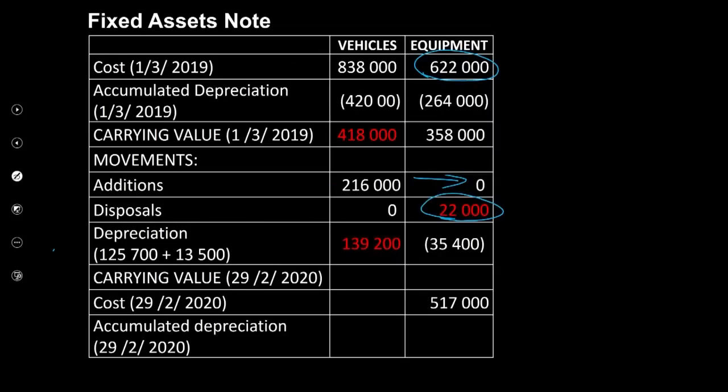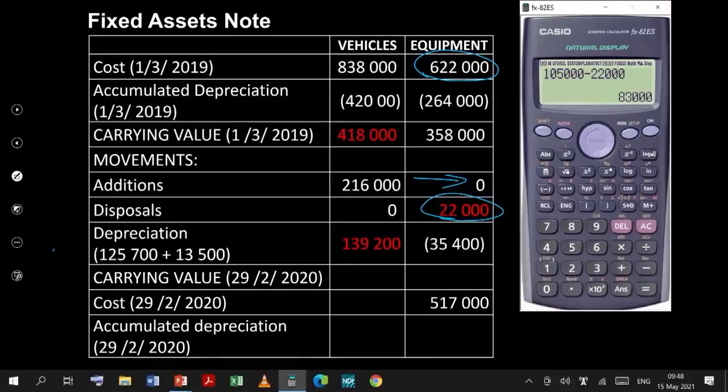Now, in terms of my note number 3, if you were asked to calculate your accumulated depreciation for your vehicles at the end of the year, let's firstly take this figure forward and see how we're going to do our calculations. So we start off with our 358,000, which is my carrying value at the beginning of the year. There was no addition, so there's no figure to add.